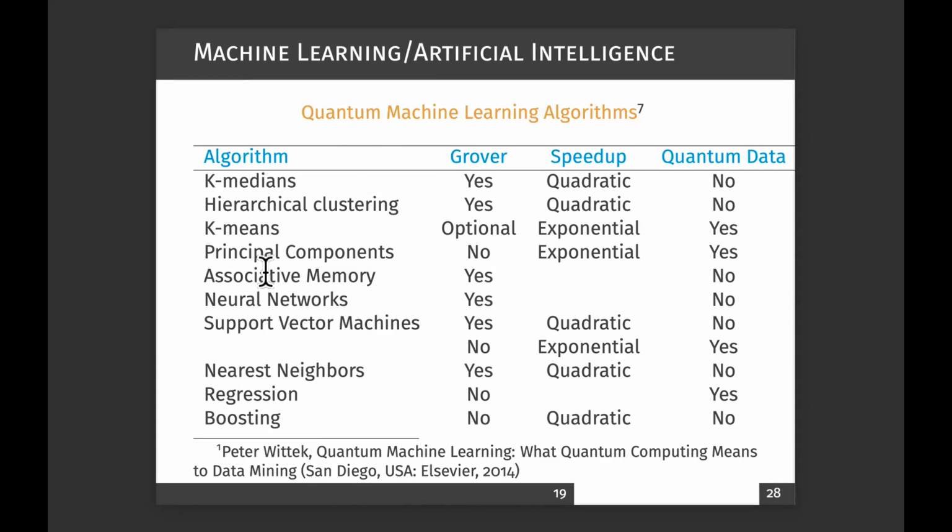Still, it's very useful in machine learning or artificial intelligence, precisely because whenever you do machine learning or artificial intelligence, you are trying to optimize something, and quantum computing is very good at doing that.